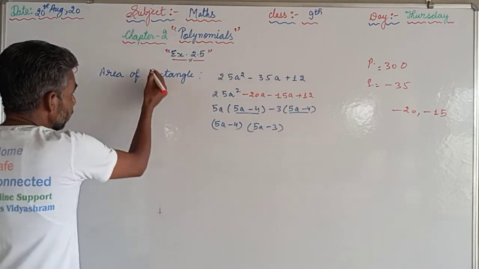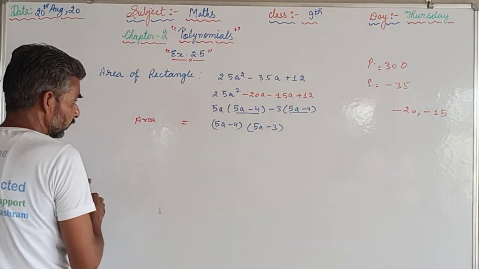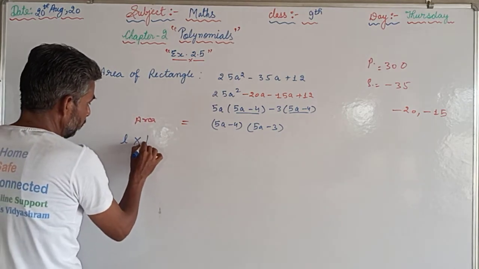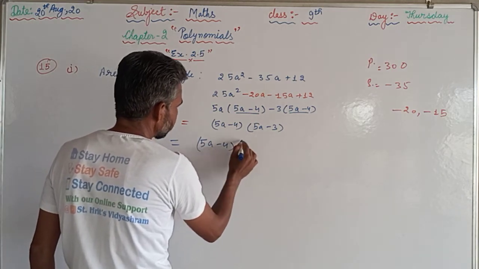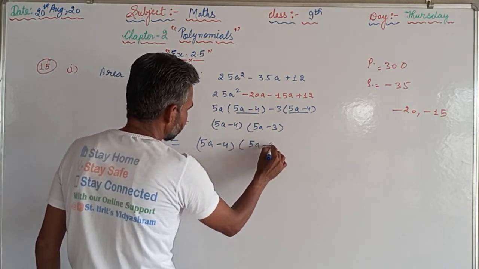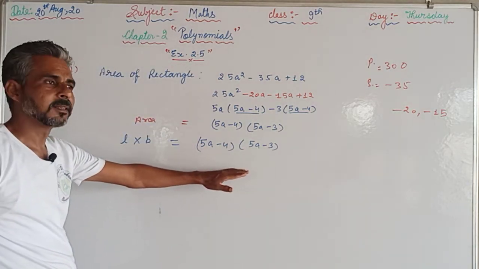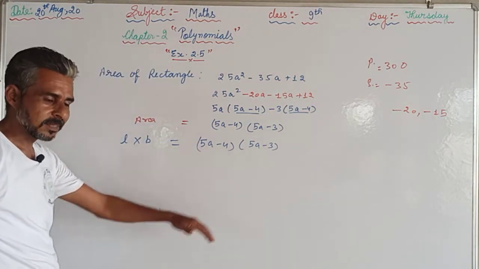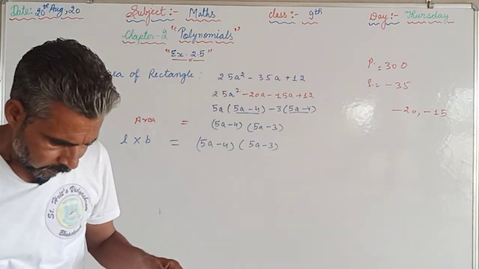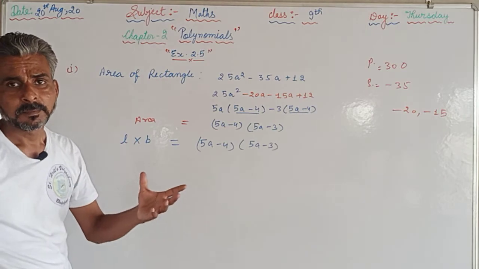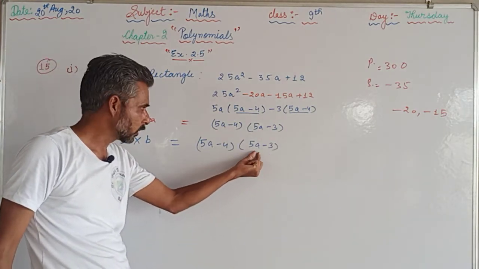This is the area, and the area of a rectangle is equal to length into breadth, that is 5a minus 4 and 5a minus 3. So one of them will be the length and the other one will be the breadth, but as I told you previously, the length is always longer than the breadth. So which one is longer? 5a minus 3, because both are having 5a.